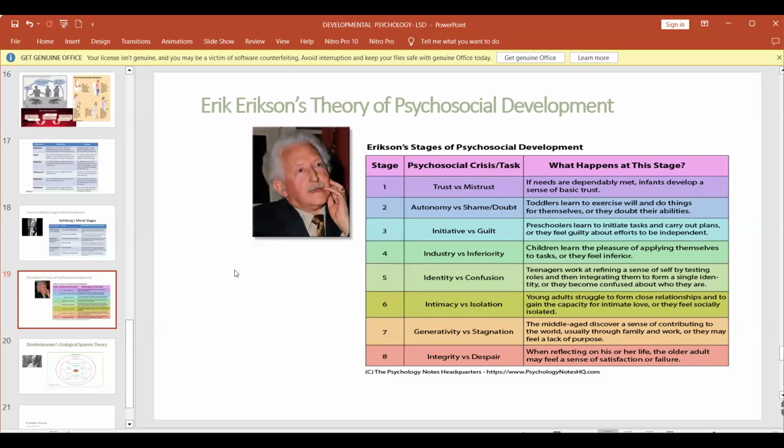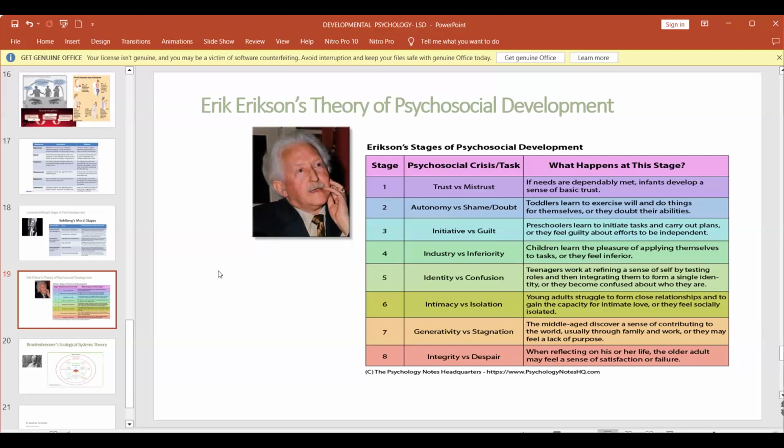But according to Erik Erikson, this psychosocial development, because the child has social needs to be fulfilled, if they are not fulfilled moderately, they become conflicts stored in the unconscious mind, and you can see adult personality deviations. This fulfillment of social needs happens in 8 stages.